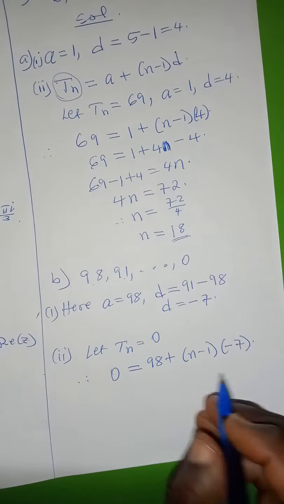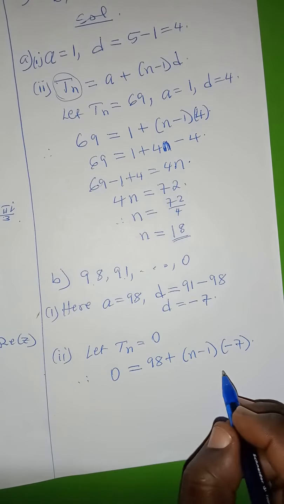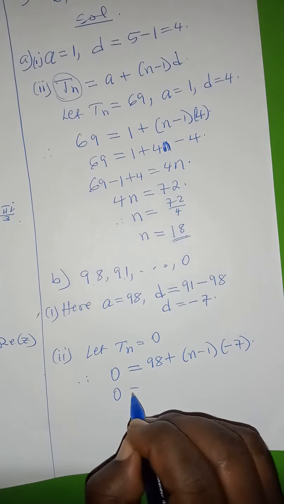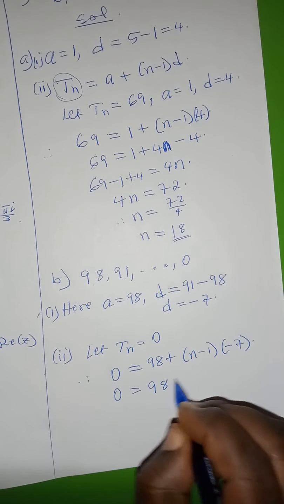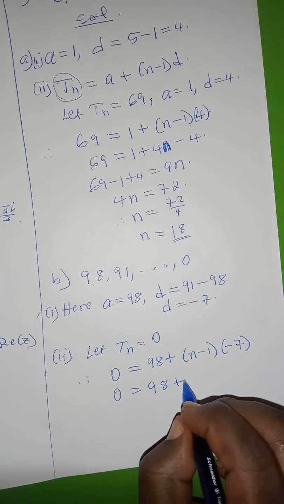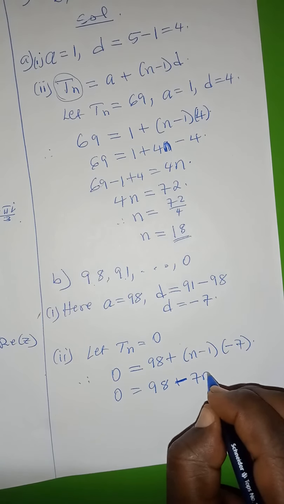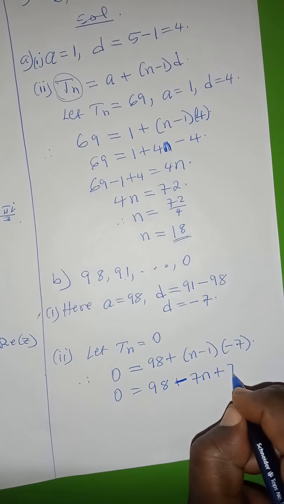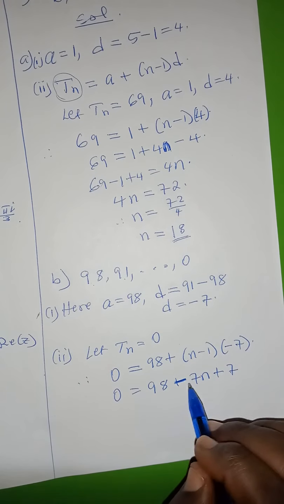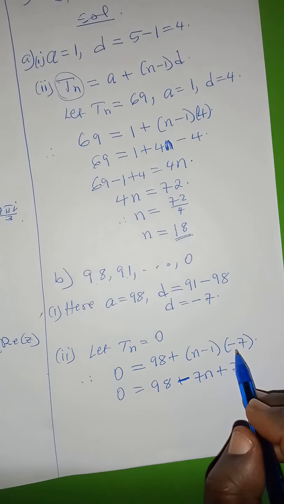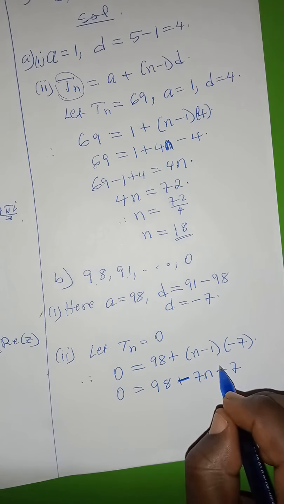Okay, so I'll open the bracket to give me 0 is equal to 98 minus 7n plus 7. If I multiply n by minus 7, I get minus 7n. If I multiply minus 1 by minus 7, I get plus 7.